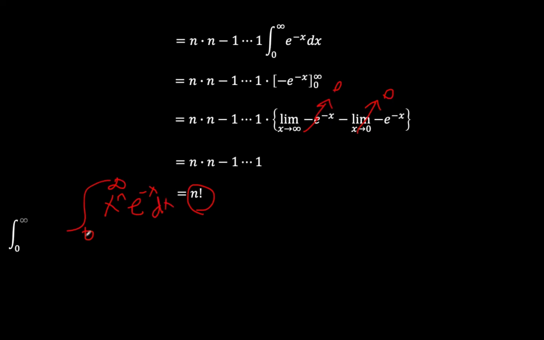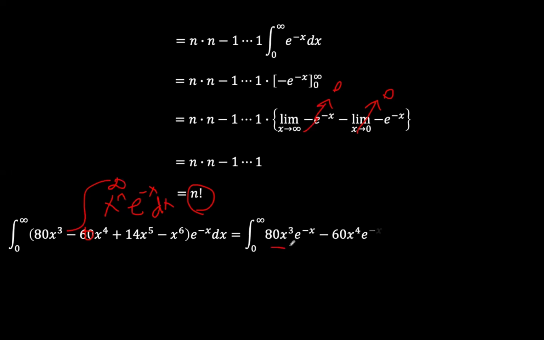And so for this problem, multiplying e to the power negative x across, this is 80 times 3 factorial, minus 60 times 4 factorial, plus 14 times 5 factorial, minus 6 factorial.